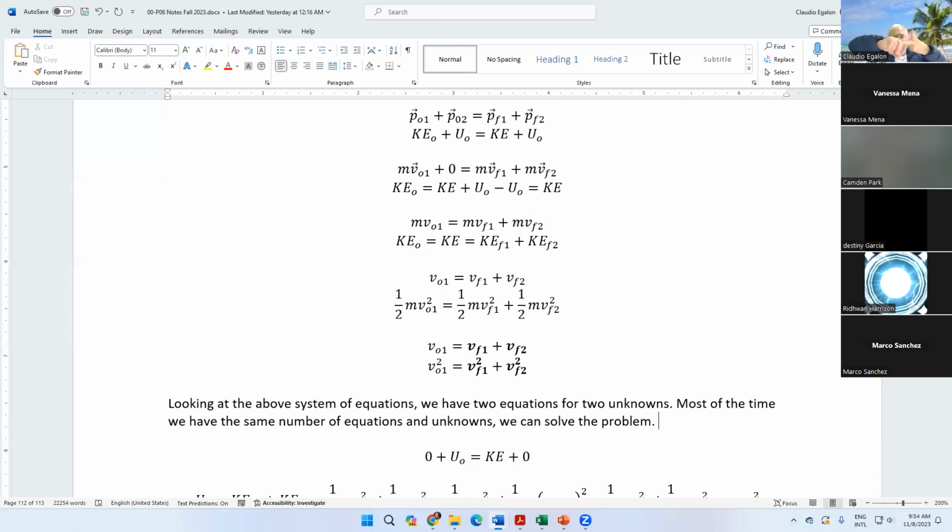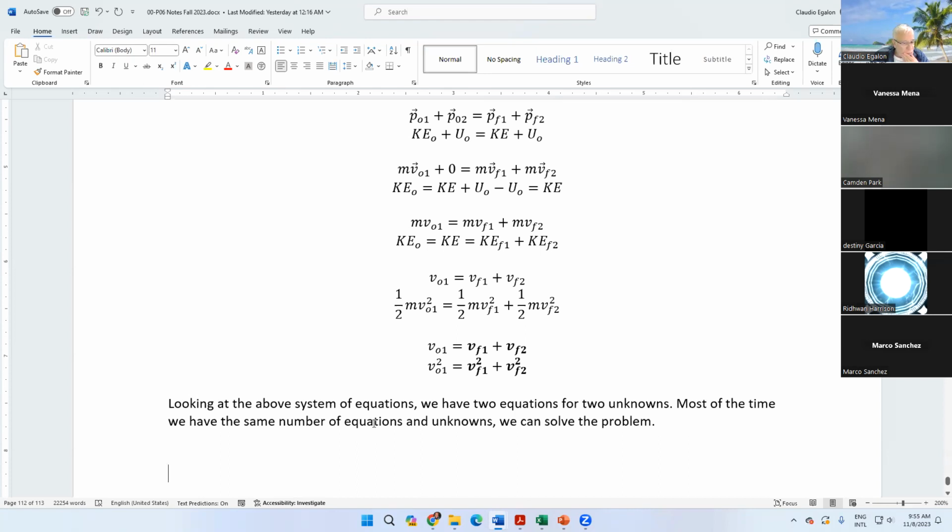If we have 2 equations for 2 unknowns, we probably can solve that, provided the 2 equations are independent of each other. If we have 3 equations of 3 unknowns, maybe we can also solve it, provided the 3 equations are independent of each other as well. Okay? So what we can do, we can start trying to solve this equation.